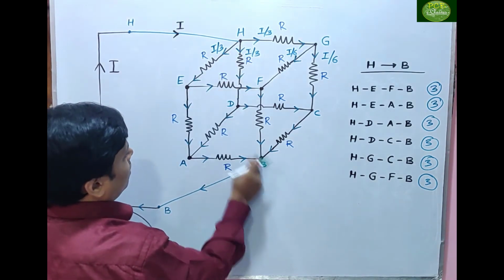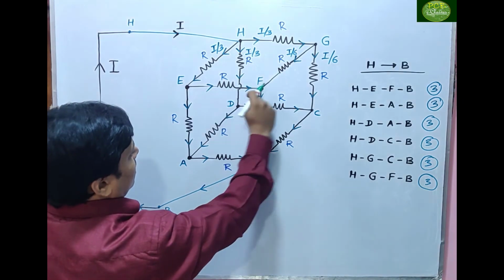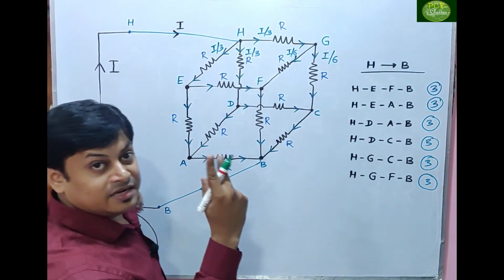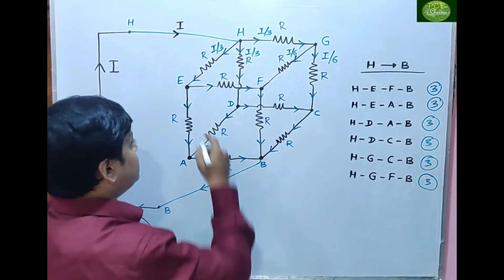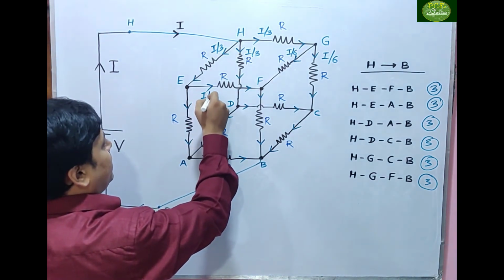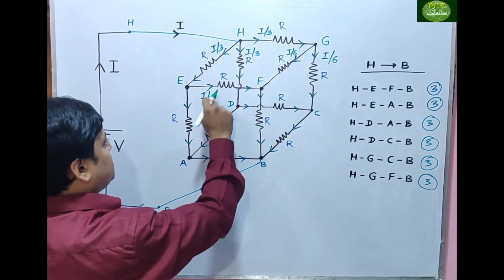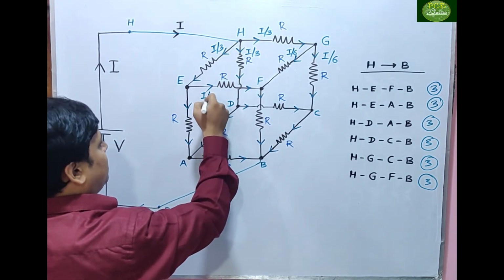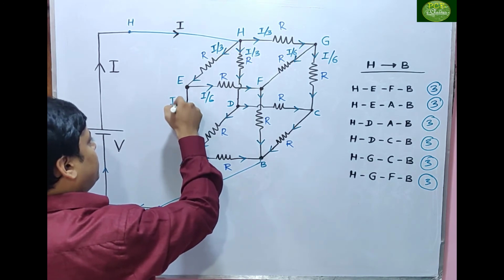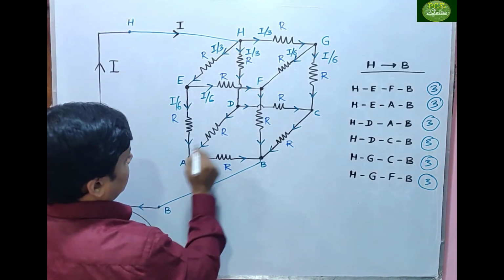Similarly, this I by 3. From E to B you have to come. R, R. How many edges? 2 edges. R, R. How many edges? 2 edges. So it will be I by 6. This will also be I by 6.